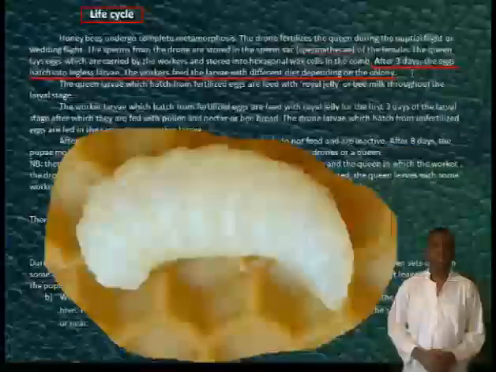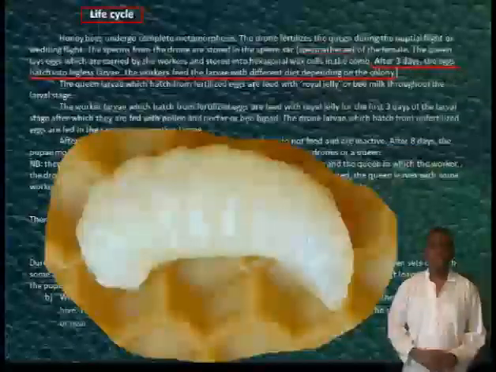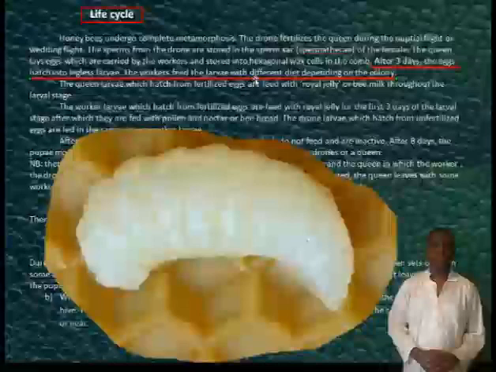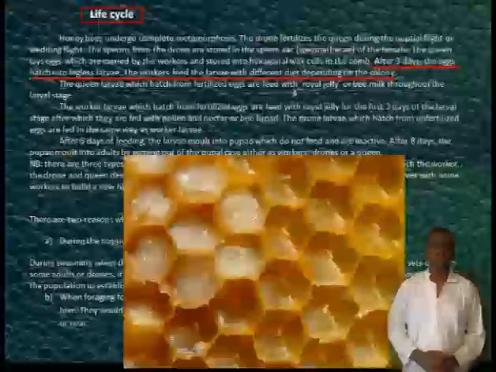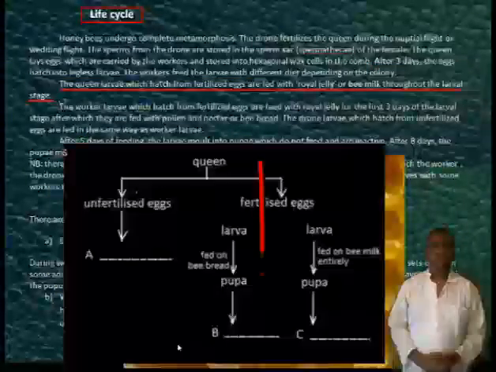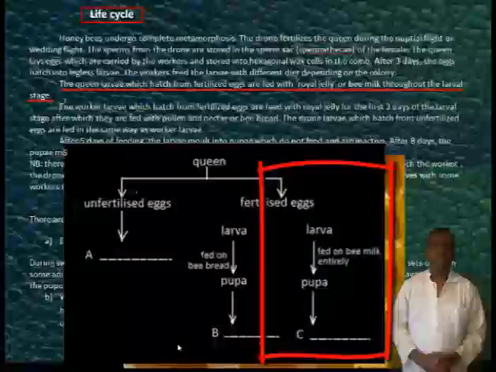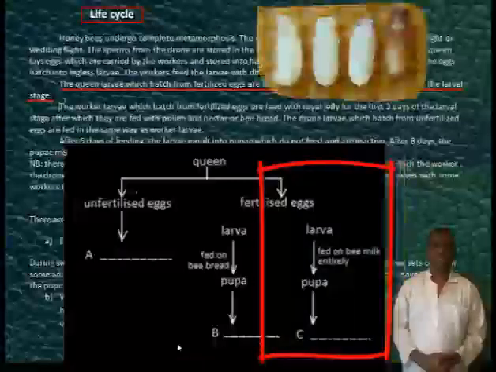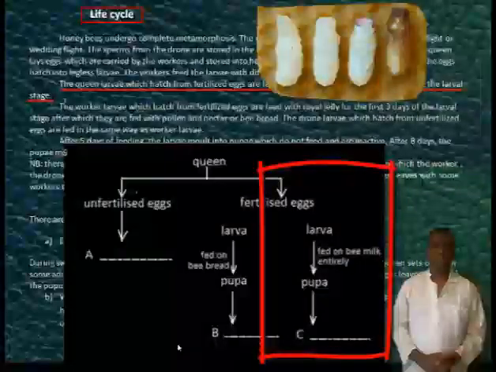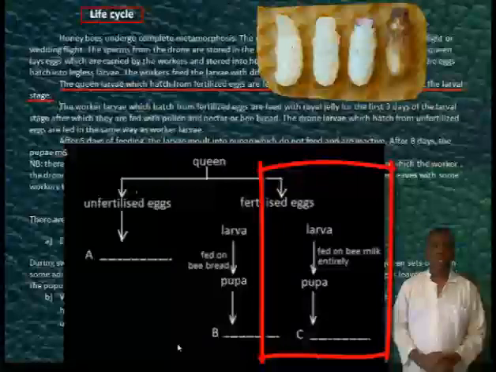After 3 days, the eggs hatch into legless larvae. The workers feed the larvae on different diets, depending on the caste. The queen larvae, which develop from fertilized eggs, are fed with royal jelly or bee milk throughout the larval stage.